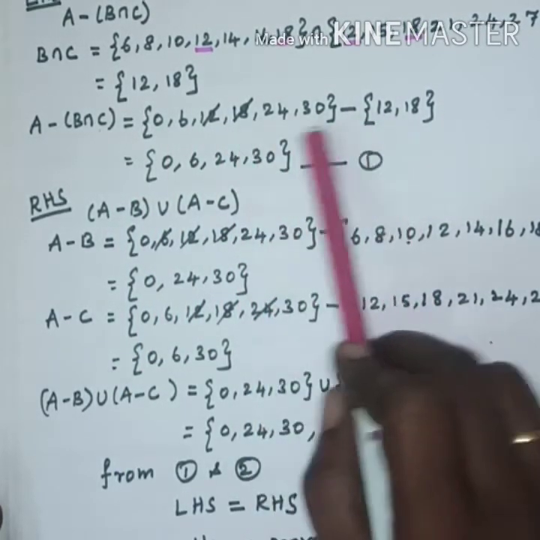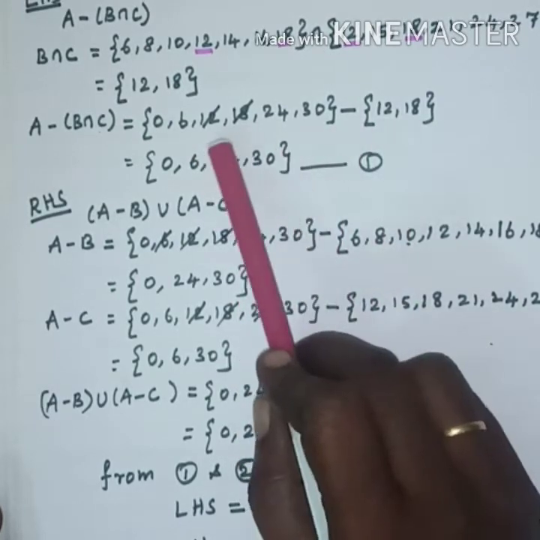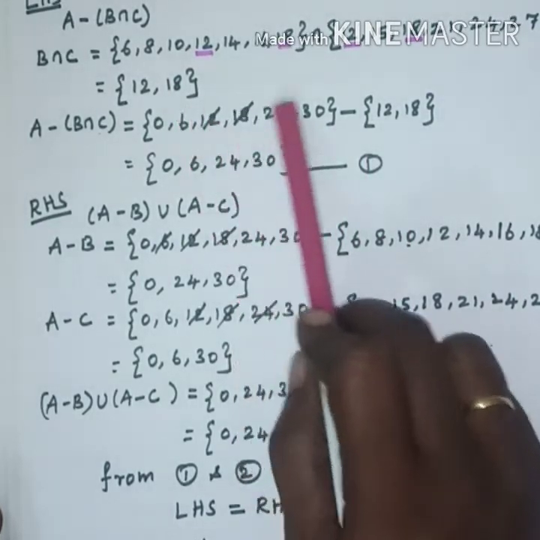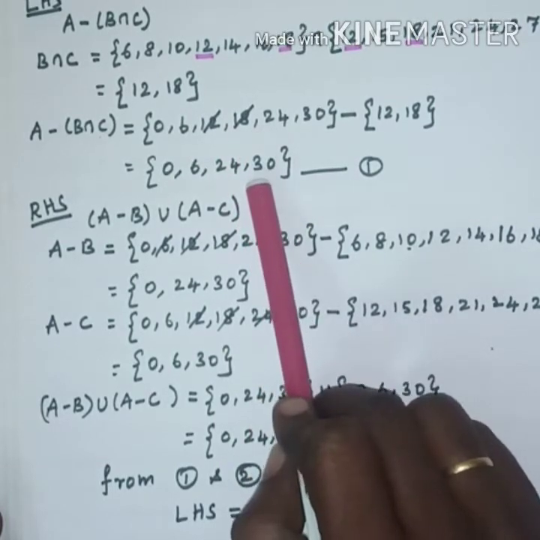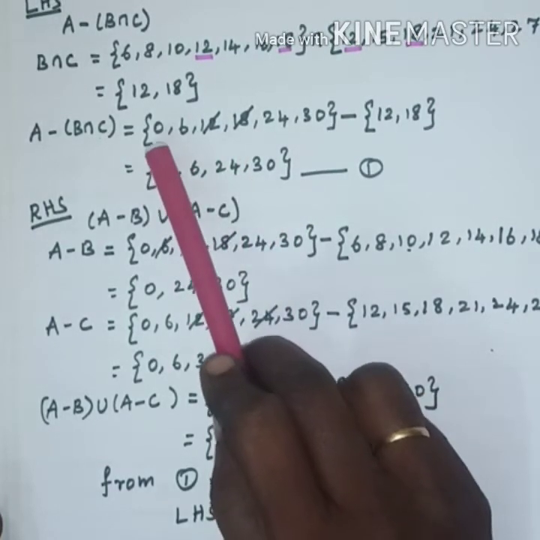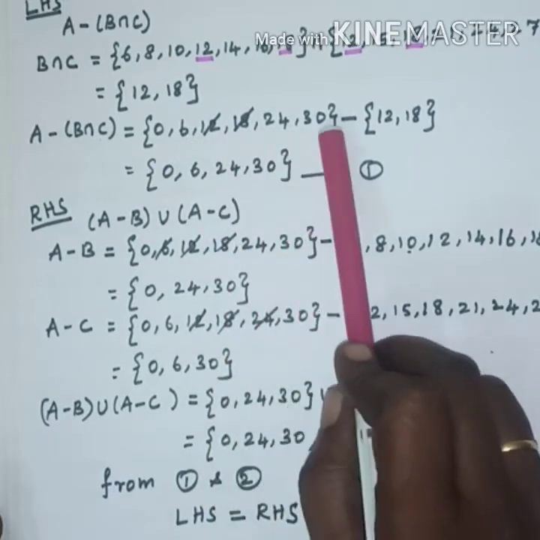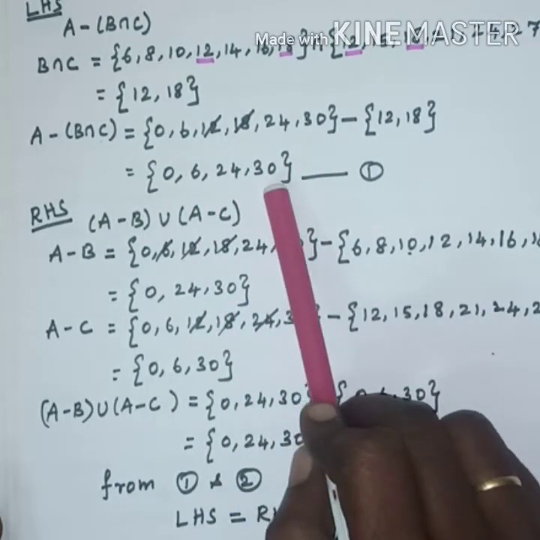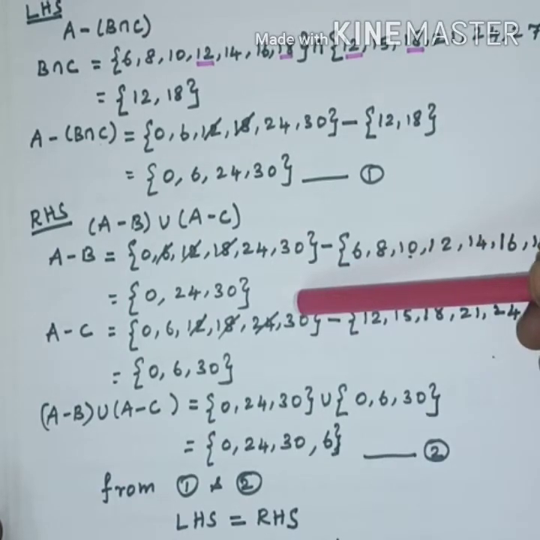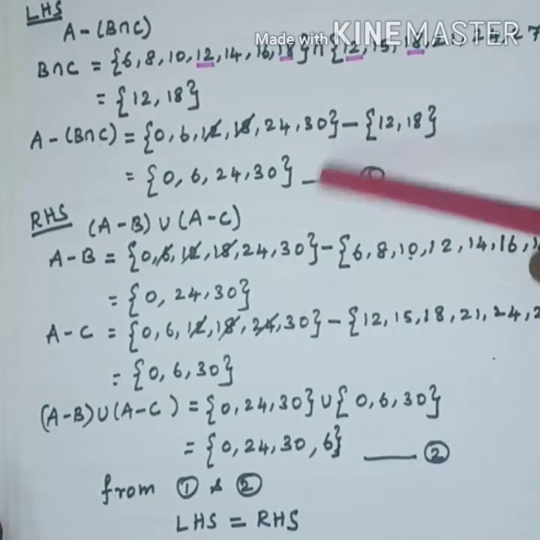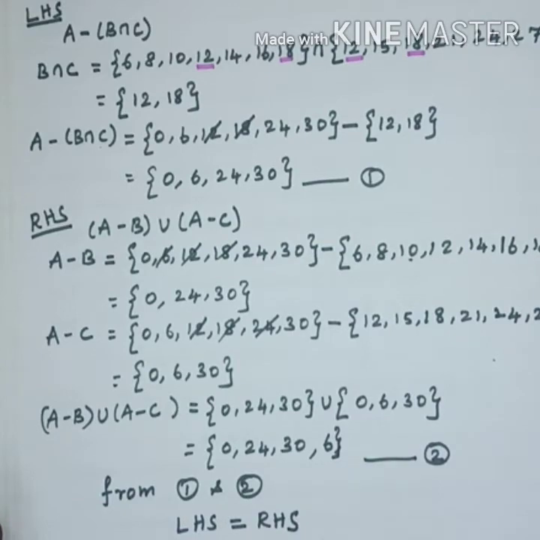So identify the common elements in both the sets, remove the common elements from the first set and write the remaining elements from the first set. The remaining elements are 0, 6, 24, 30, the remaining elements from the first set. Similarly, identify the right hand side in this sum. So you should get the left hand side is equal to the right hand side.